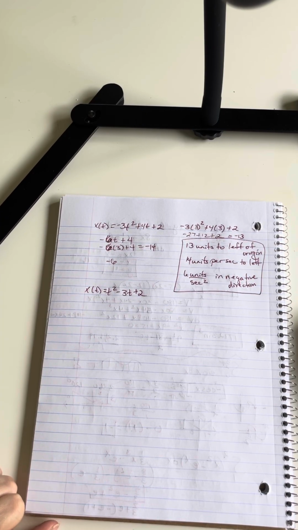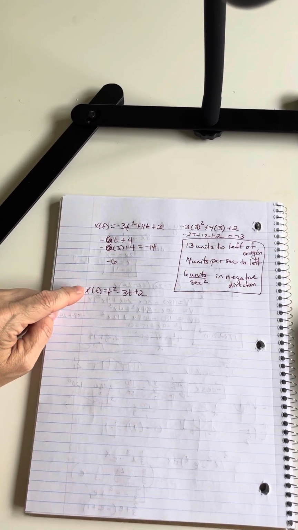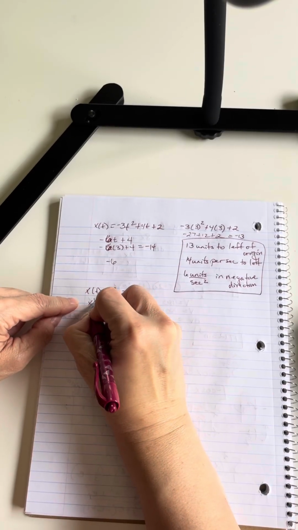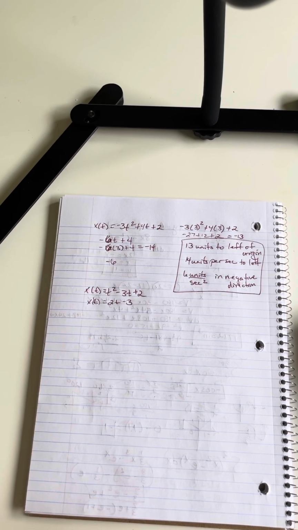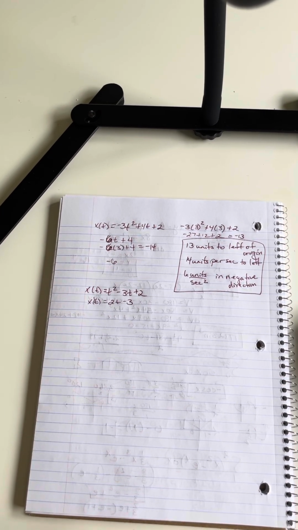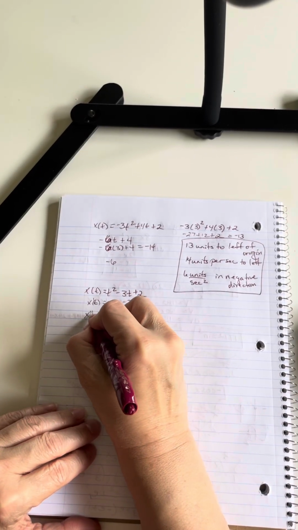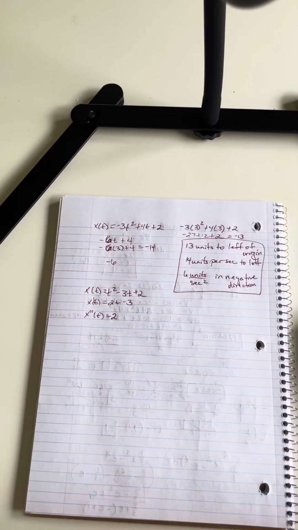Okie dokie. So we know that this equation is for our position. If I derive it, that gives me 2t minus 3. And then if I find the acceleration, I'm going to derive it twice, and that's going to take us to 2.